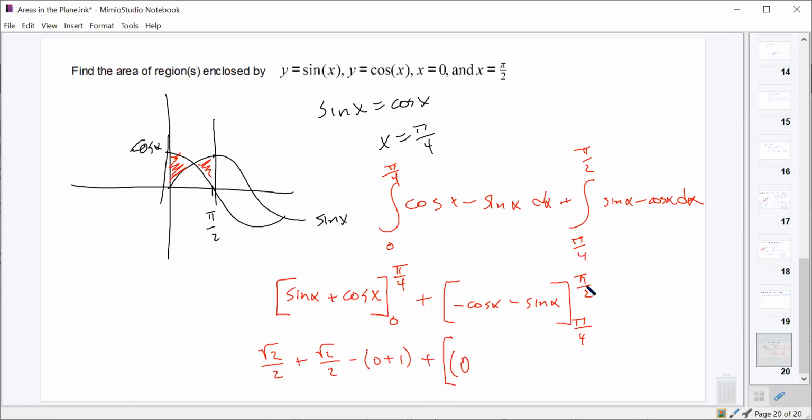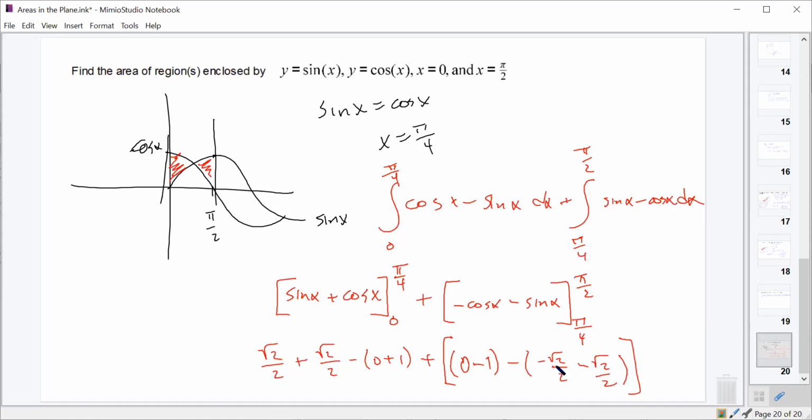Yep. All right, cosine of pi over 2 is 0, so that's 0. Minus the sine of pi over 2, which is 1. And then minus negative cosine of pi over 4 is negative root 2 over 2. And minus another root 2 over 2. So if we combine all of this together, looks like we've got a root 2 over 2 and a root 2 over 2, which is just root 2.